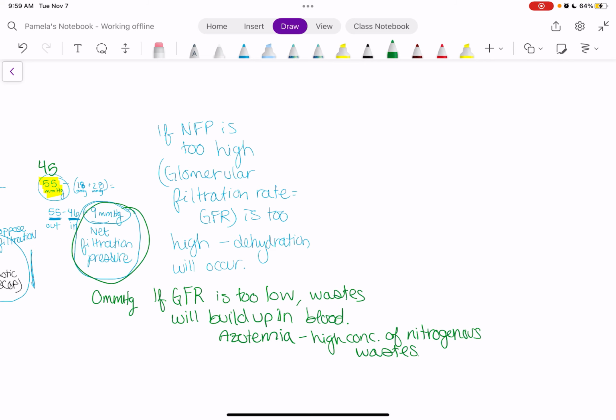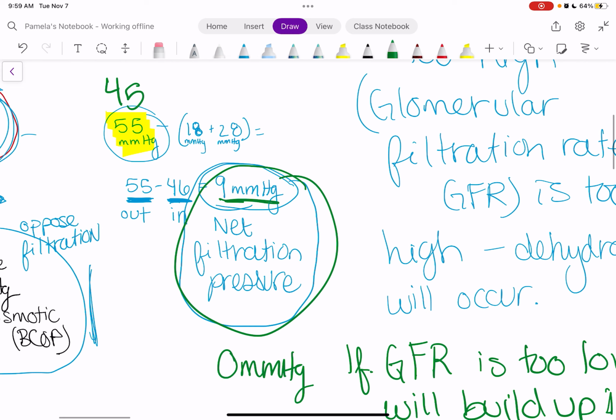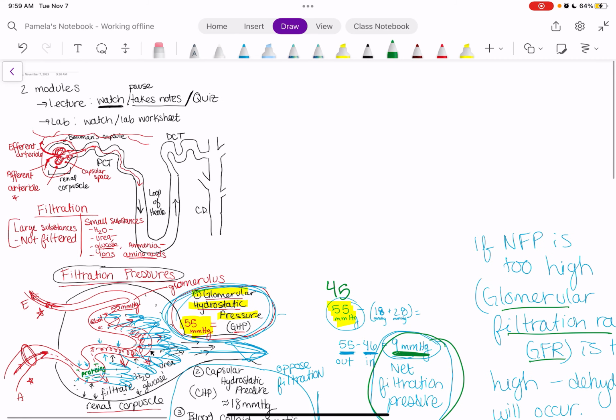So you can imagine every day our body is trying to stay right around this 9 millimeters of mercury, giving us that glomerular filtration rate of, what did we say it was? We said originally it was about 160 liters of filtrate per day.